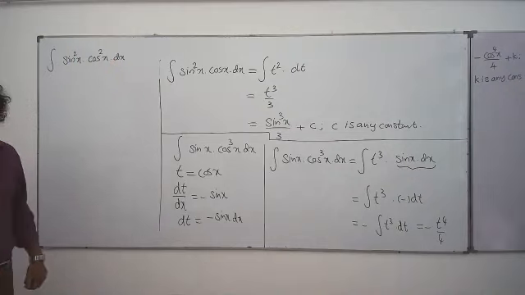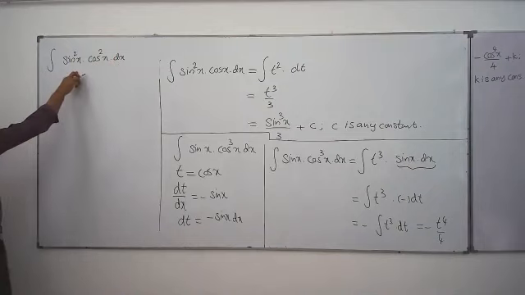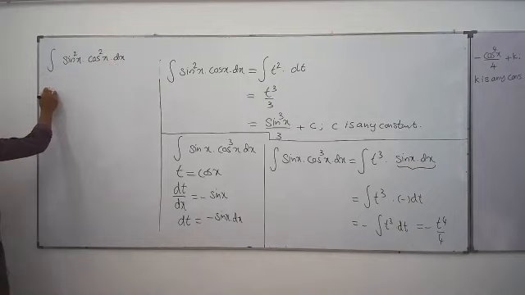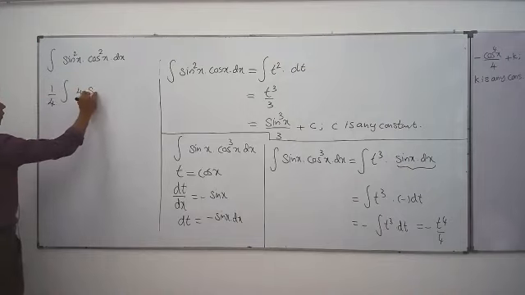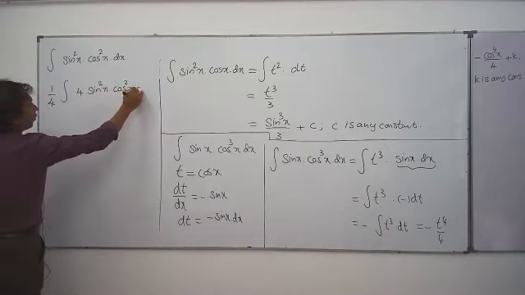Then how to take the answer? Yeah, you can do it like this. This one, next question, people. I multiply this by 4 and divide by 4. Sin squared x into cos squared x dx.